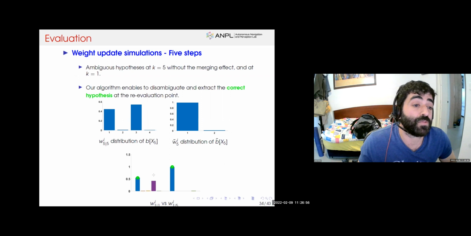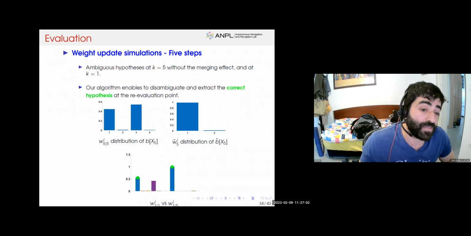Yet when we use our approach and perform reevaluation given the information obtained till time k equals 5, we see that the blue hypothesis has a significantly higher weight than the rest, and we can commence full disambiguation at past time.